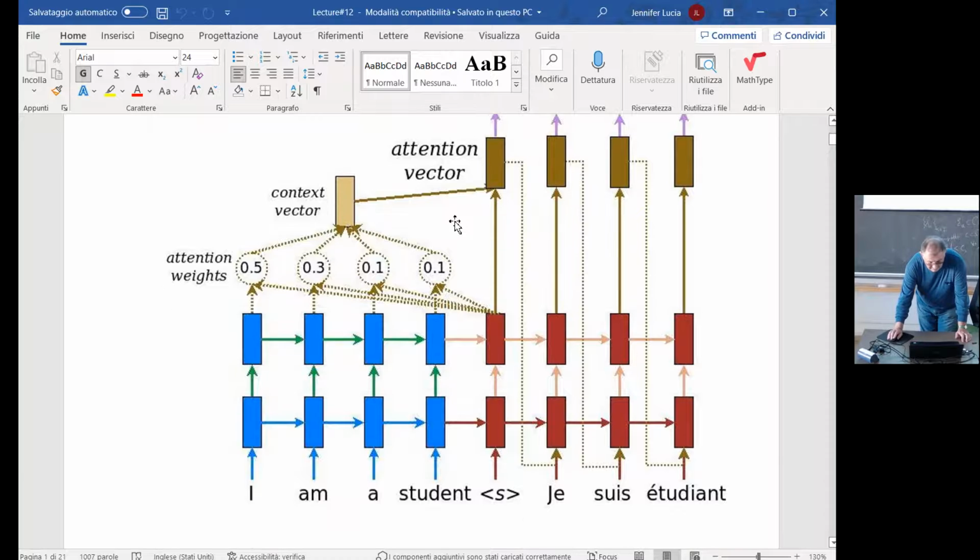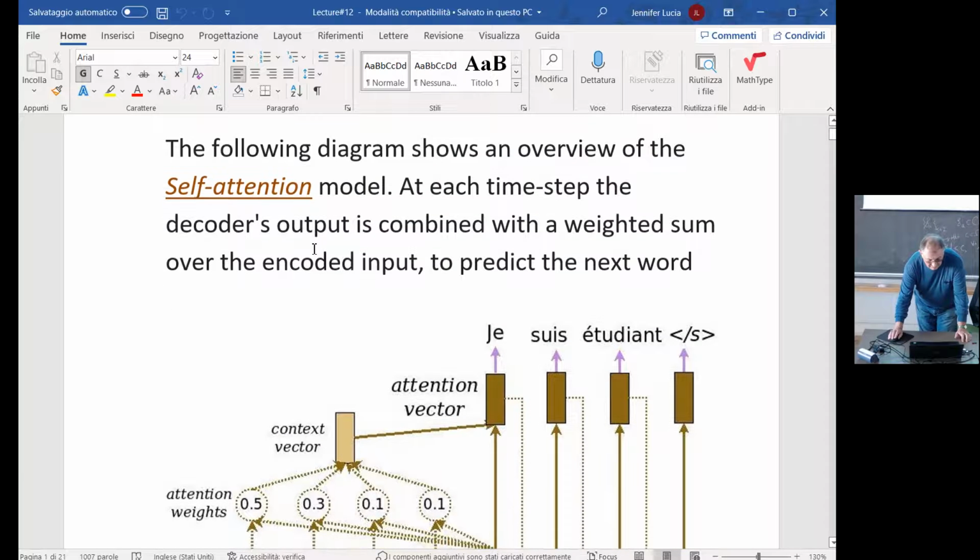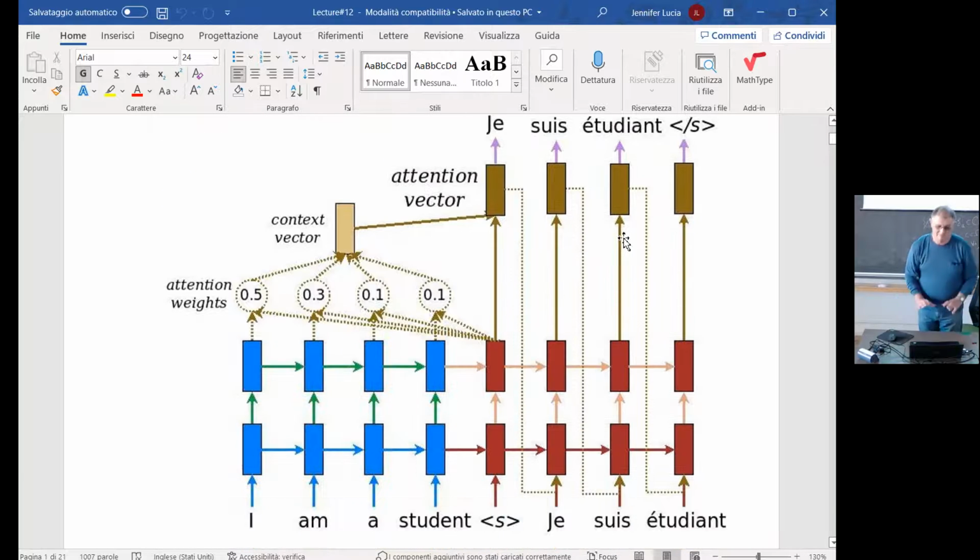So, what is the self-attention model? It is some structure of neural net for self-attention. And you see, "I am a student." We have attention weights: I 0.5, am 0.3, a 0.1, student 0.1.